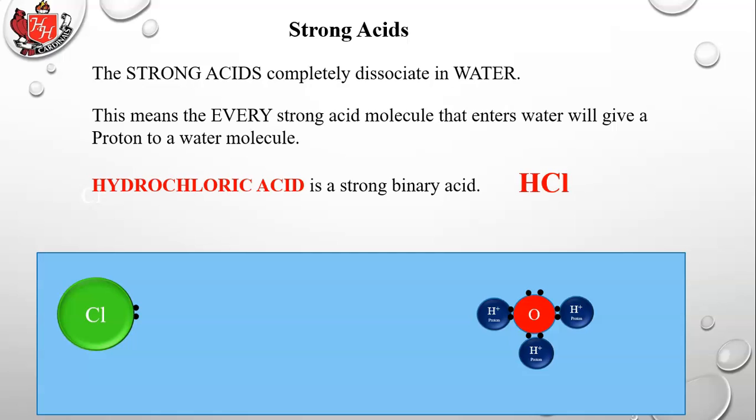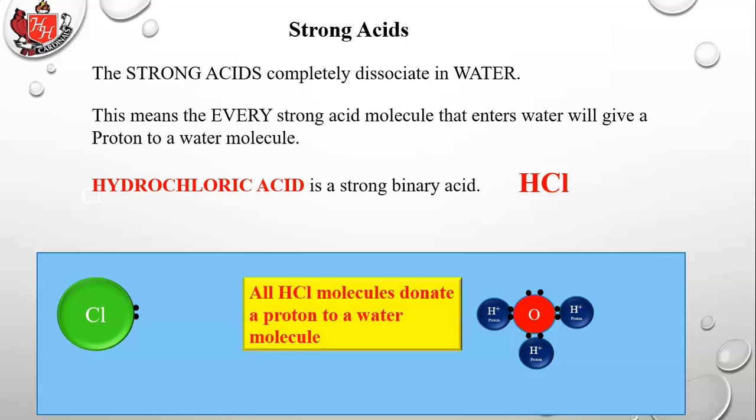As I mentioned earlier, what's physically happening is the water molecule is right up against the hydrochloric acid, and it just hands off that proton. It doesn't fly across the beaker of water. So all HCl molecules donate a proton to a water molecule.